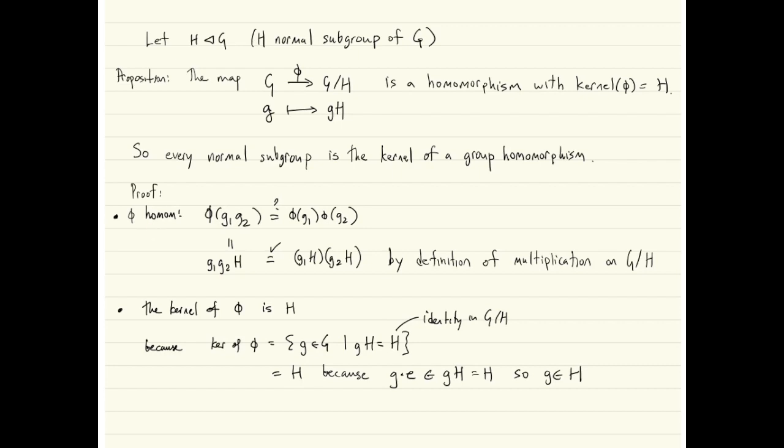And then to establish this second fact, that the kernel of phi is H, the kernel of a homomorphism is, by definition, the elements that are mapped to the identity element in the target.